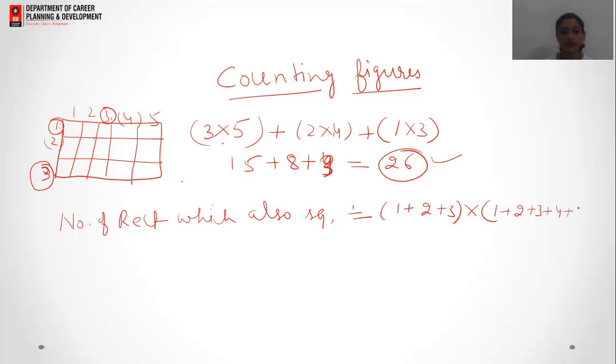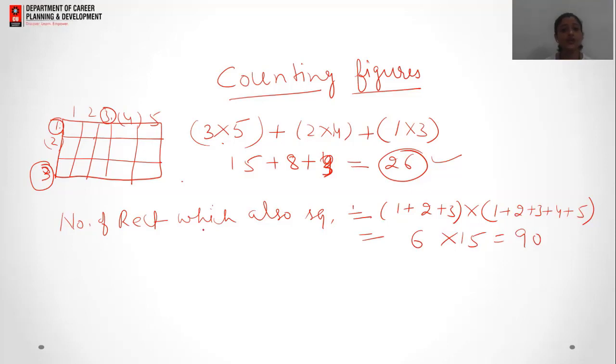Here there are 5 columns, so we need to multiply these two values. So this becomes 6 into 15, and that comes out to be 90. So there are 90 rectangles as well as squares.